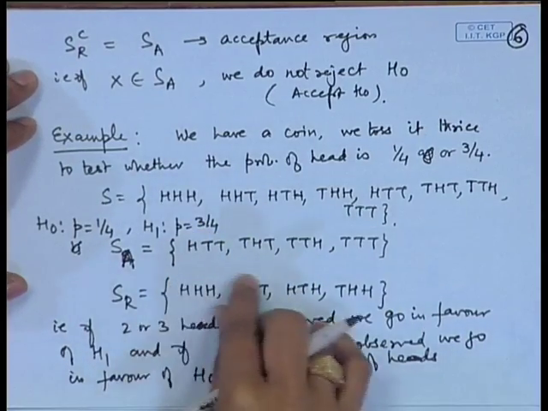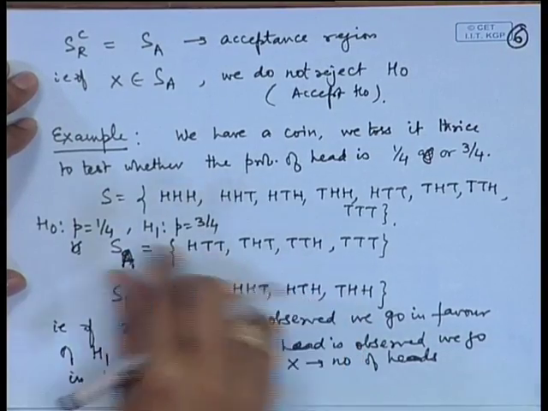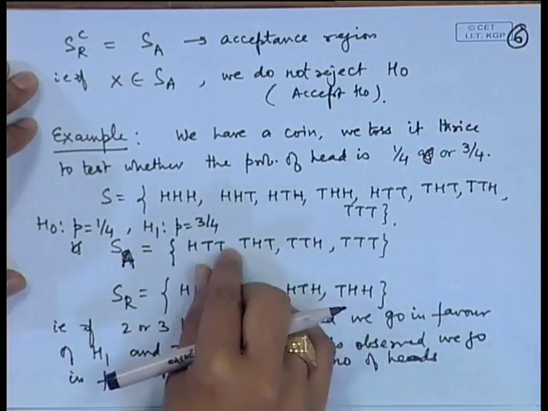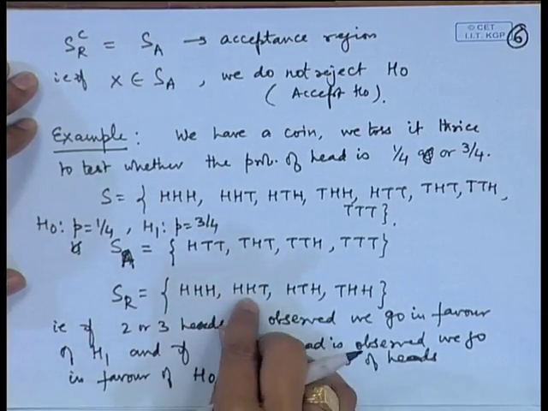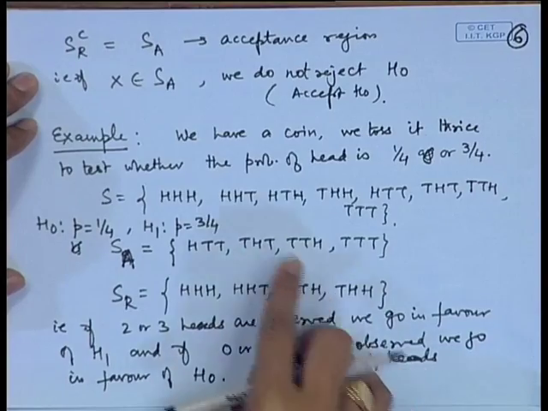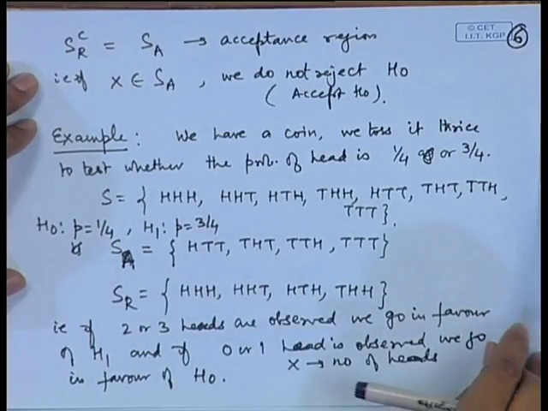So, I have given here one region, that acceptance region is when either 0 or 1 head is observed and we reject H naught when 2 or 3 heads are observed. Let us calculate the probabilities of type 1 error and type 2 error for this problem.